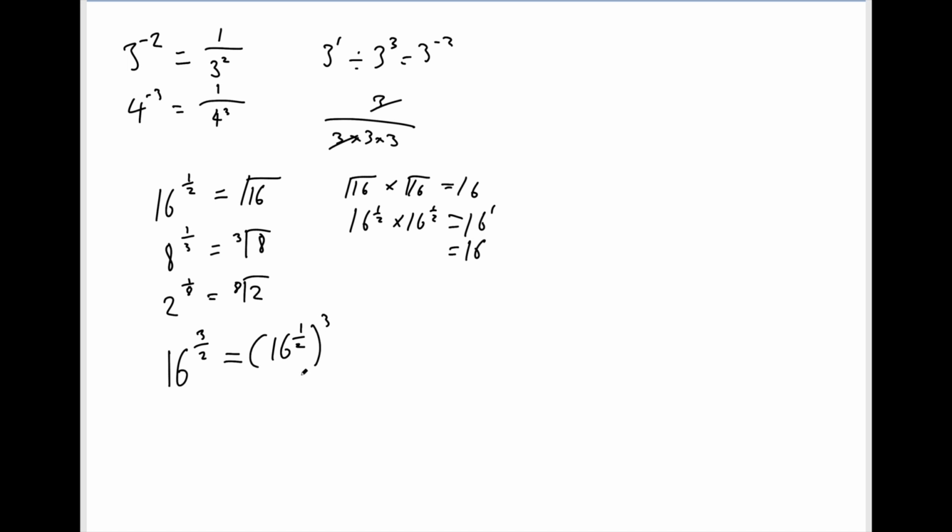And we've actually done the opposite of this when I raised a power to another power previously. Remember that this is the equivalent of multiplying these two powers together. Well, I've done the opposite of that. I've now split this up. But maybe this is easier to see because, knowing what I've said here, this is actually going to be the square root of 16, cubed.